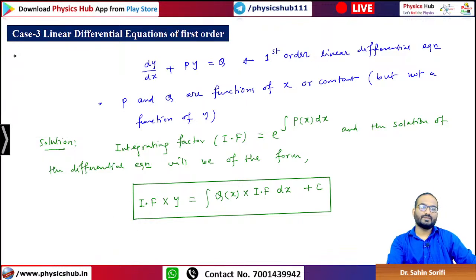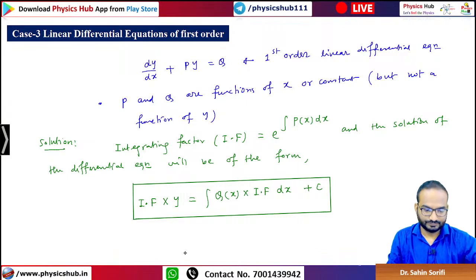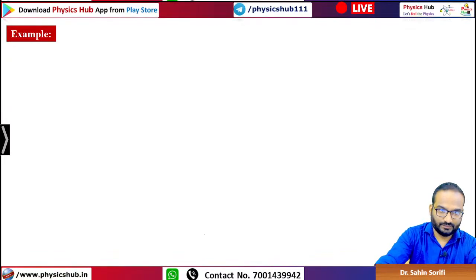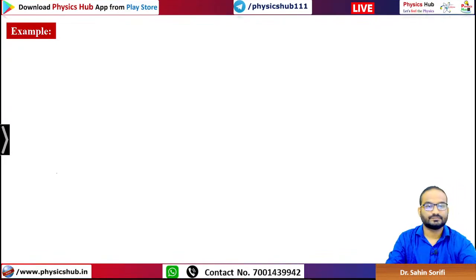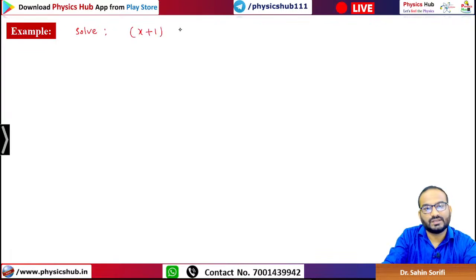Let us take some problem then. Solve (x plus 1) dy/dx minus y equals e to the power x times (x plus 1) whole square.